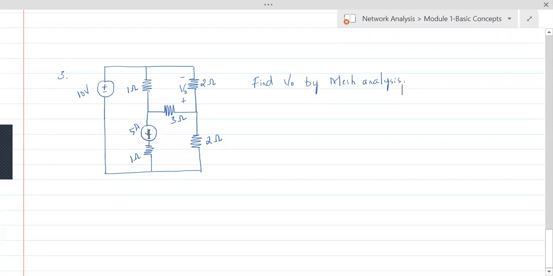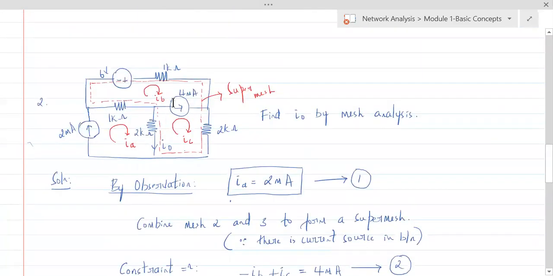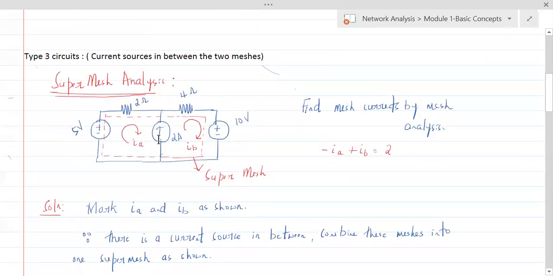Everybody understand this? In the first two problems that we have seen, we just had a current source. There was no resistor in series with this. Even in this, we have a current source, but there is no resistor in series with that.